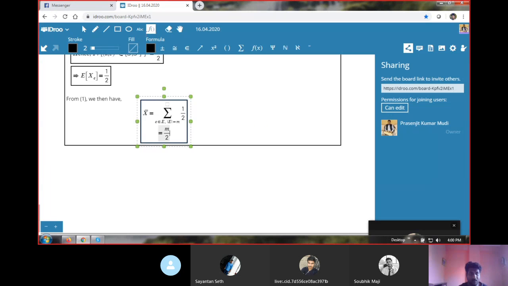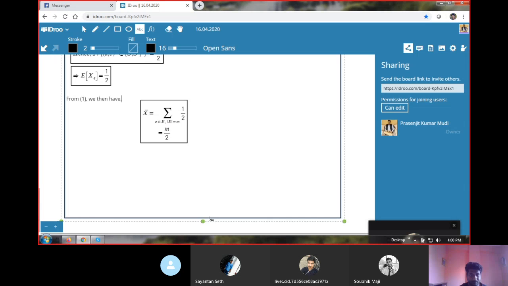Okay, and this is the expectation which gives us the minimum size of the cut, which is the lower bound we are getting in this case.